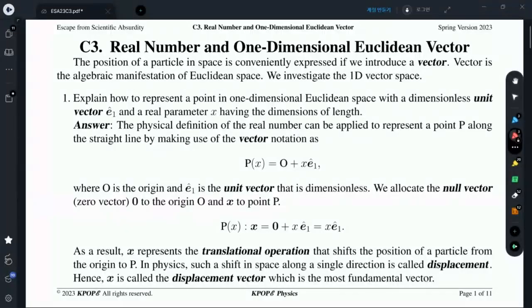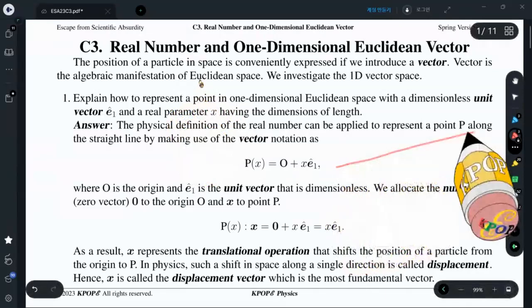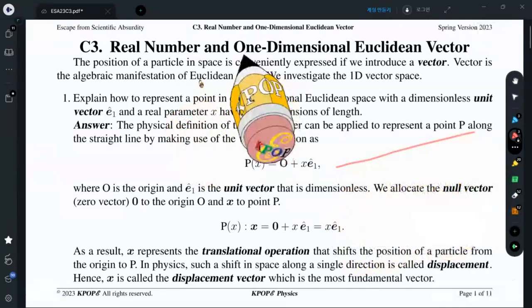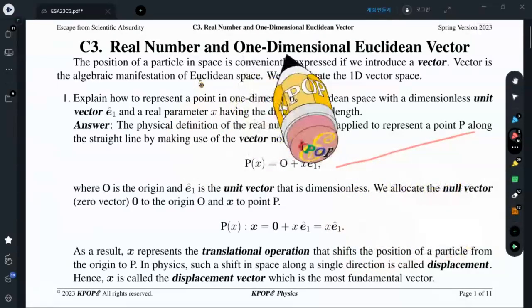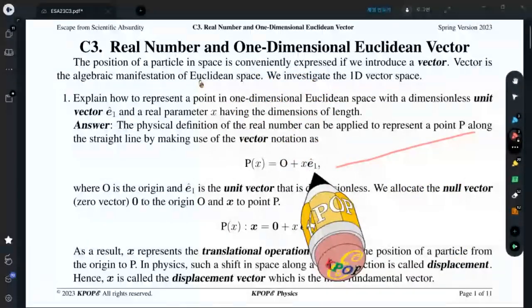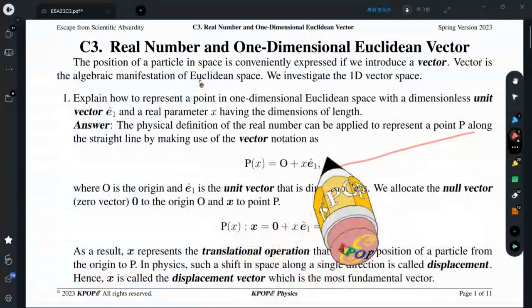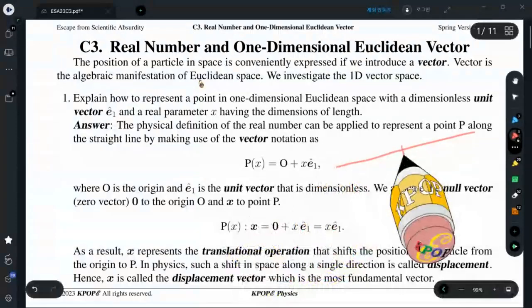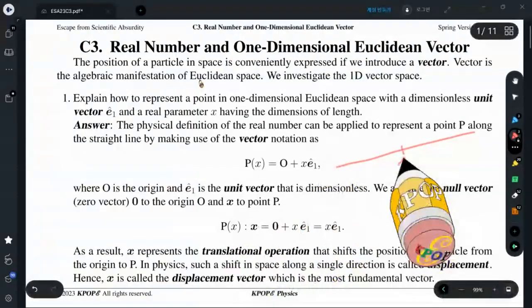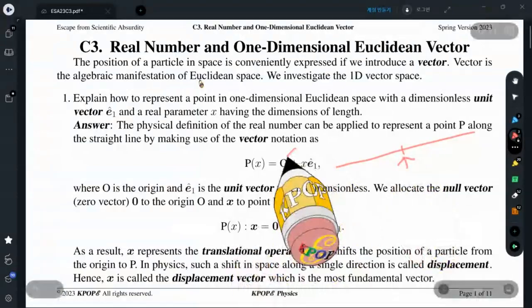Let's begin. C3, real number and one-dimensional Euclidean vector. So we are very familiar with the number line that represents the one-dimensional Euclidean space, along a straight line. If I introduce a number line, usually we choose a point as the origin.